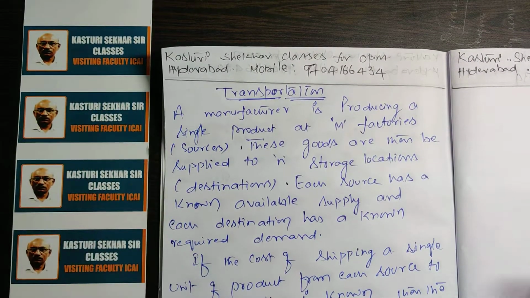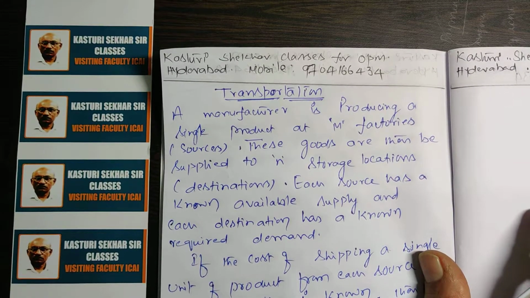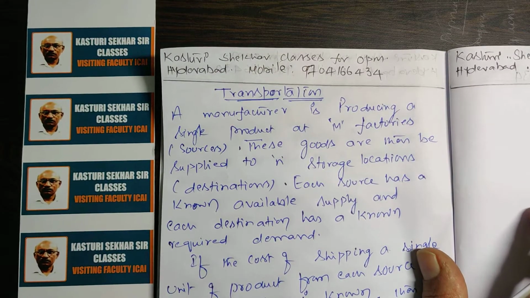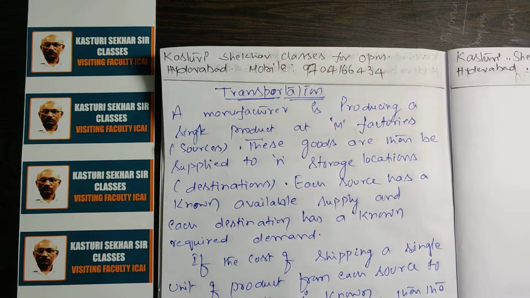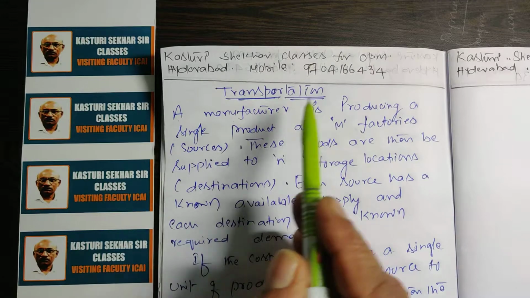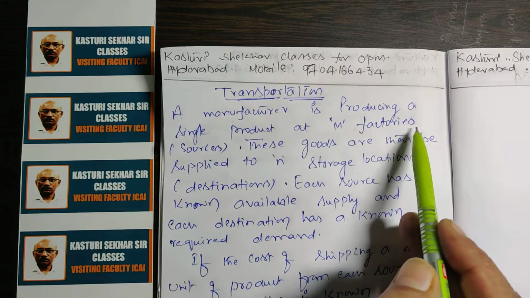Today I am introducing a chapter, Transportation in Production and Operation Management. The name of the chapter is Transportation for Production and Operations Management. Let's see the introduction of this. A manufacturer is producing a single product at M factories.